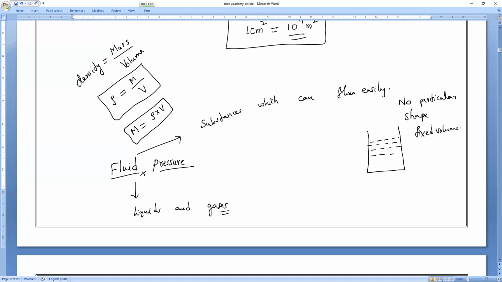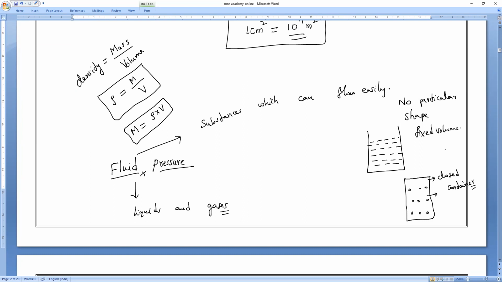But if it comes to gases, what will happen? In gases, is the force of attraction between particles more or less? Less. So we cannot keep gases in an open container. They always have to be kept in a closed container.